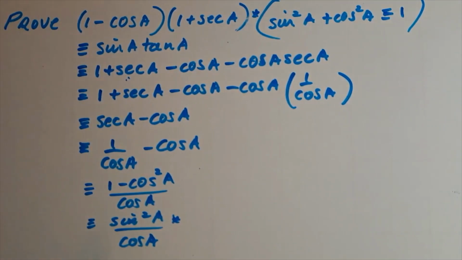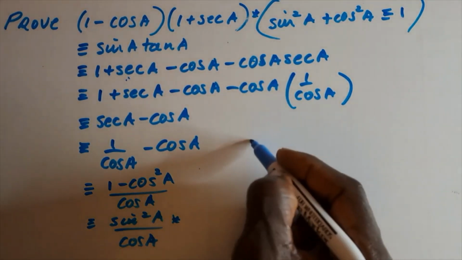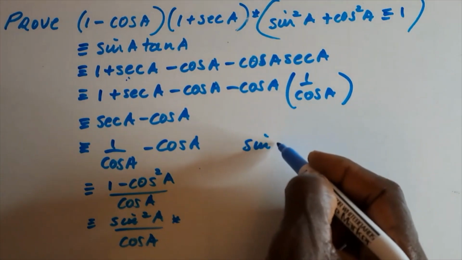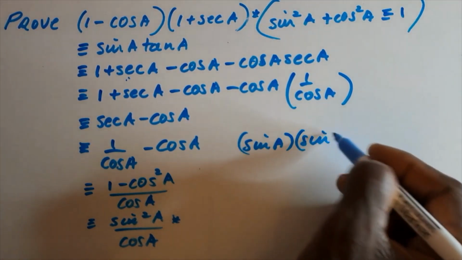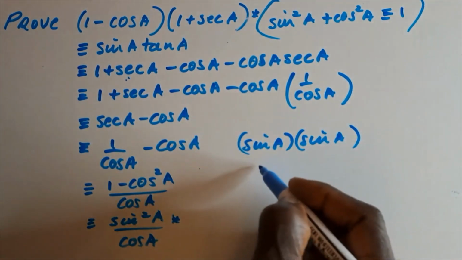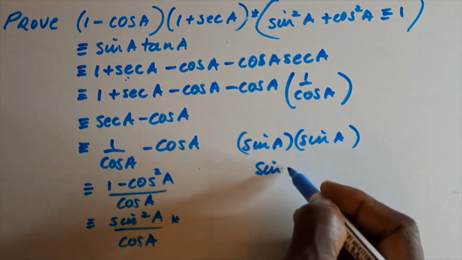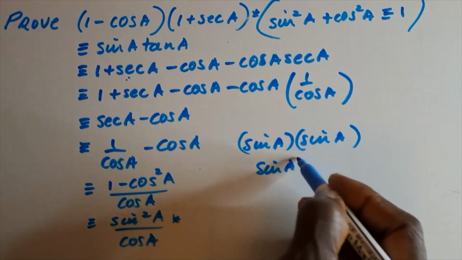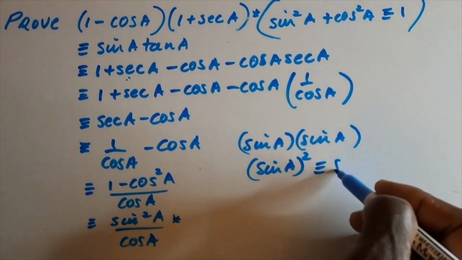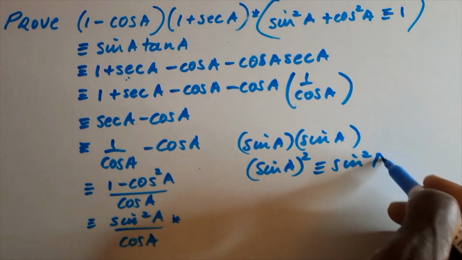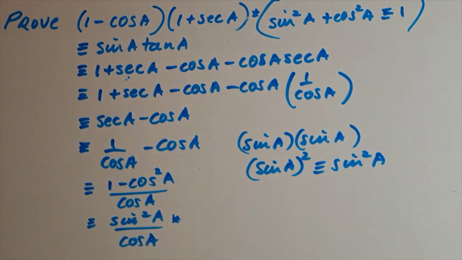Further to this, sine squared A is the same as writing sine A times sine A. So instead of using brackets, we just write sine squared A. It's just a shortened way of doing it without using brackets.